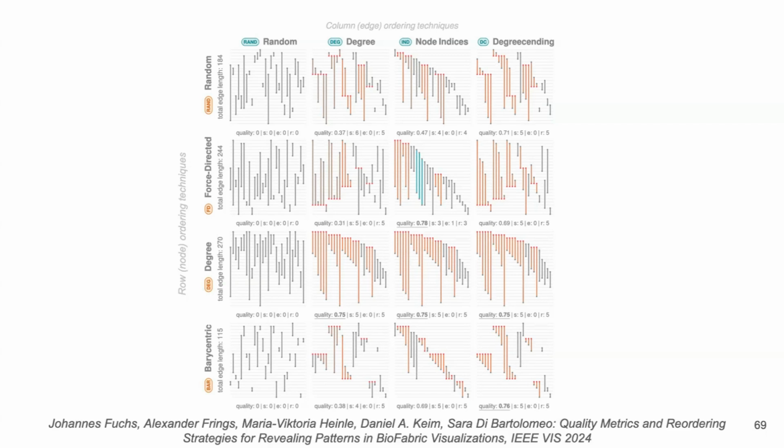So the edge sorting methods have more of an effect on the resulting visualization. But here you can see what degrescending does. The results are okay, honestly. So it's a viable method to build these structures. Regarding the node sorting method, it's fine with pretty much every one of those methods.